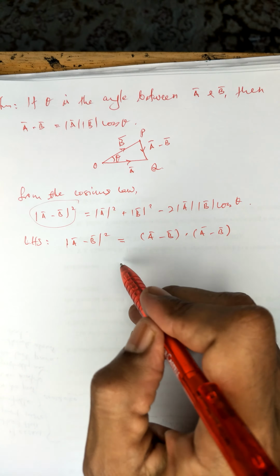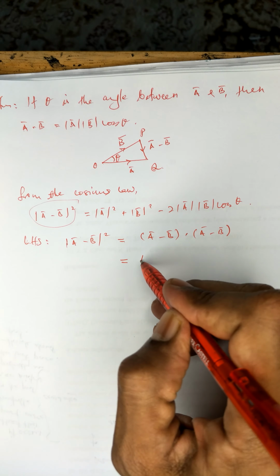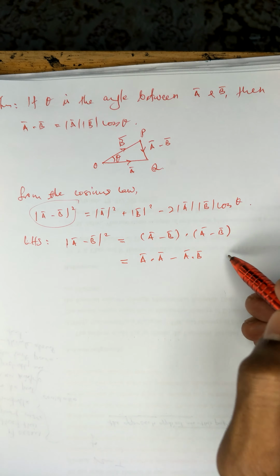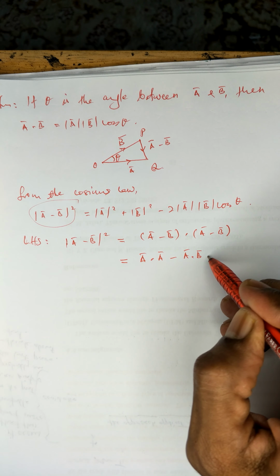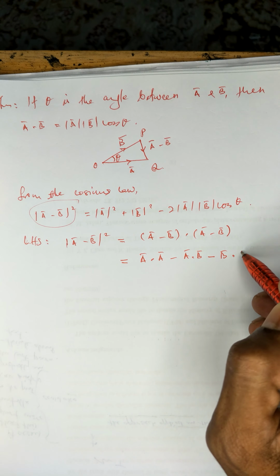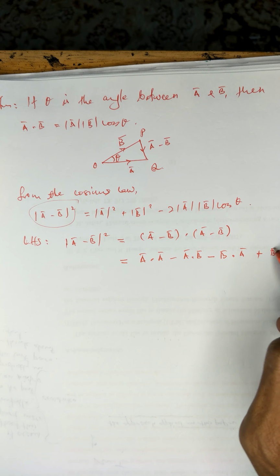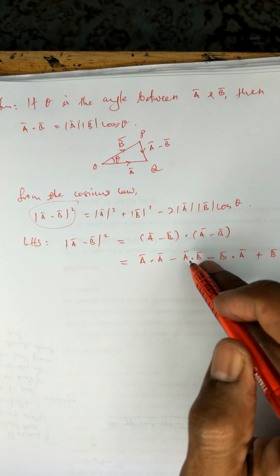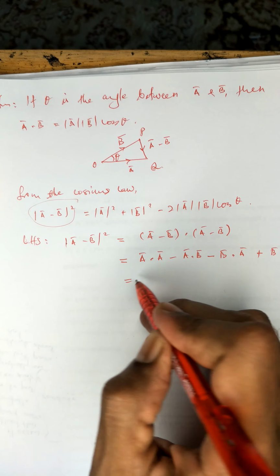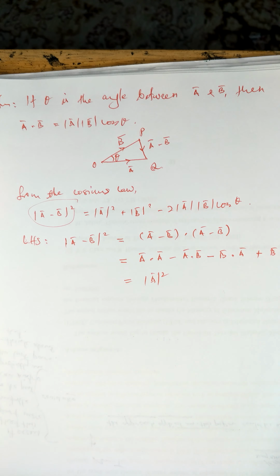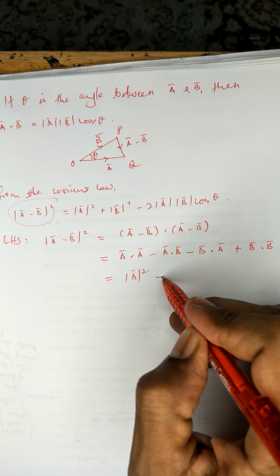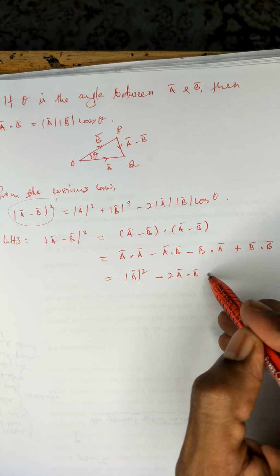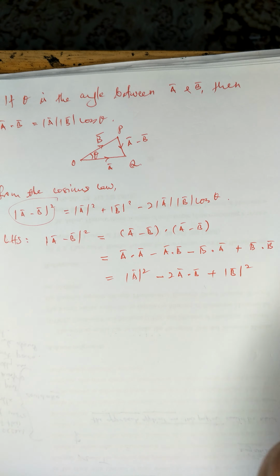If you expand that, here we have A dot A minus A dot B minus B dot A plus B dot B. So this does not cancel out. By definition we have the magnitude of A squared, minus 2 A dot B, plus the magnitude of B squared.